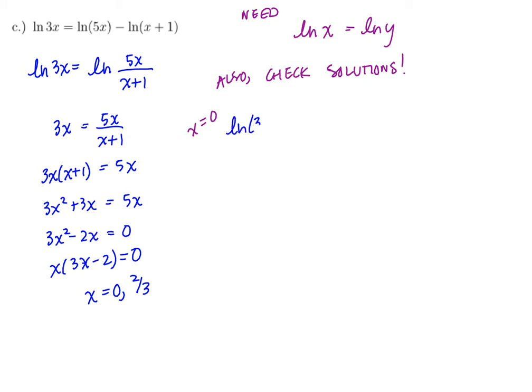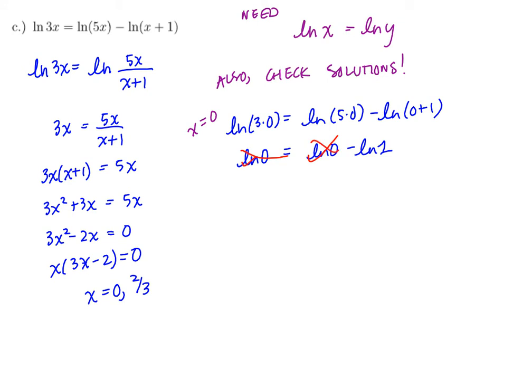The natural log of 3 times 0 equals the natural log of 5 times 0 minus the natural log of 0 plus 1. The only one we could evaluate there is the natural log of 1, because the natural log of 0 is undefined or doesn't work. If you don't trust me, put it in your calculator. This is a problem. That's an error. It's an inappropriate solution. Thanks for showing up, but we don't actually need you, 0.